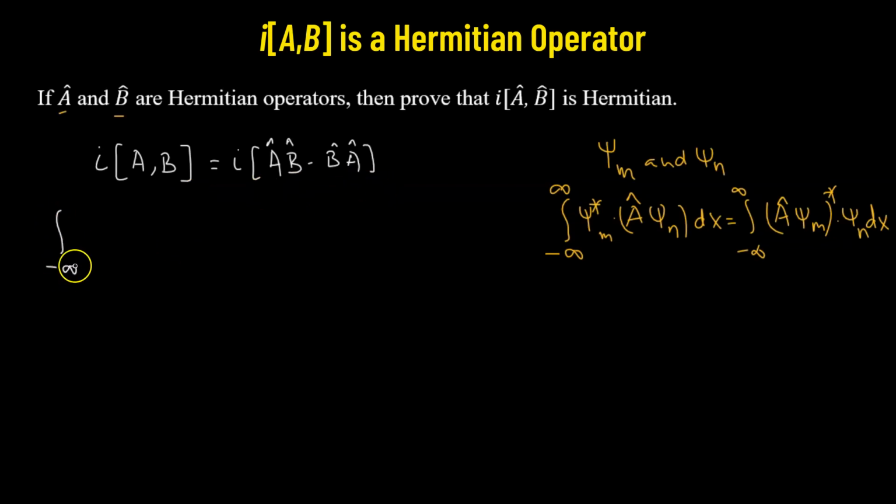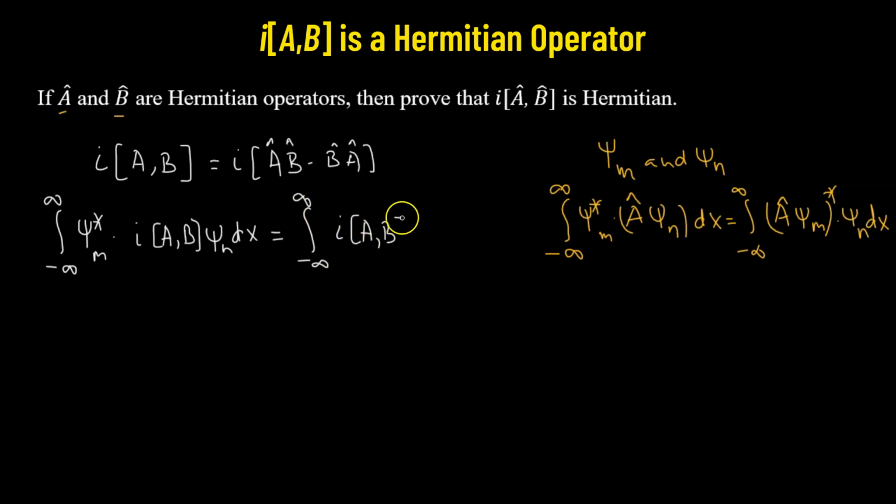All we need to show is that the integral from negative infinity to positive infinity of psi star m times this operator operating on psi n dx must be equal to the integral from negative infinity to positive infinity of i times the operator [A, B] operating on psi m, then we take the conjugate of the result and multiply it with psi n dx.